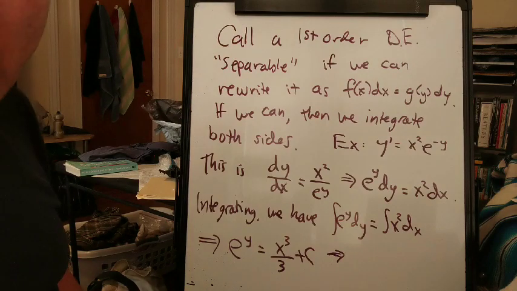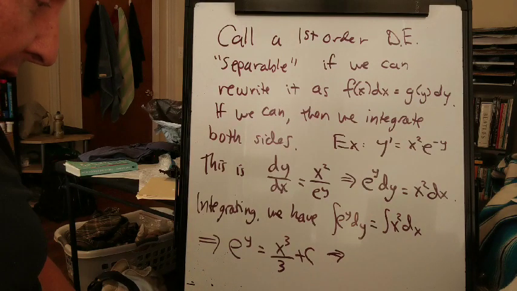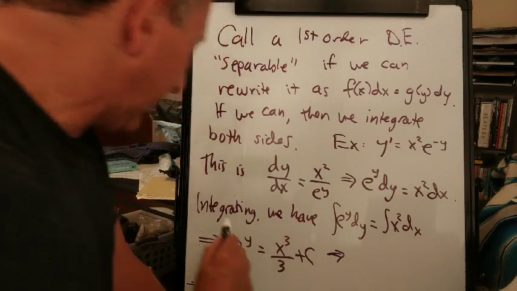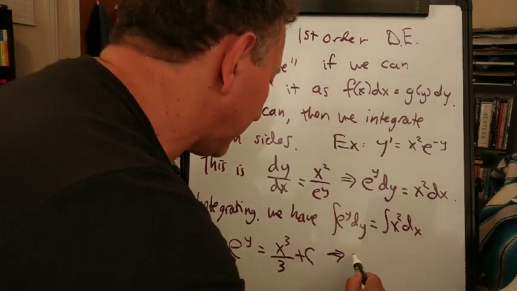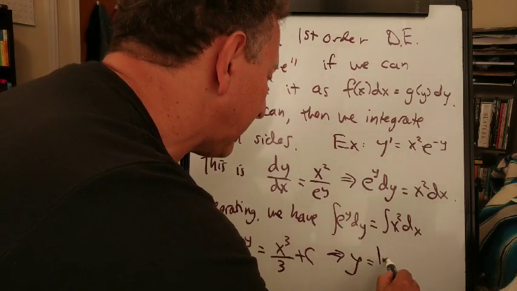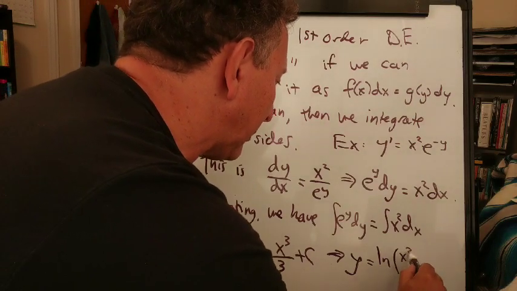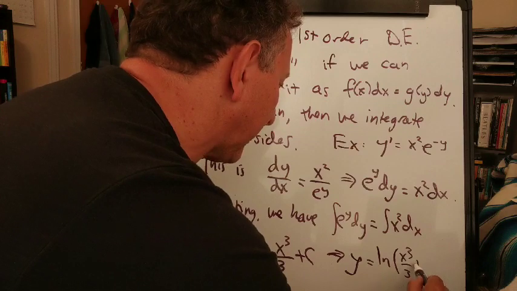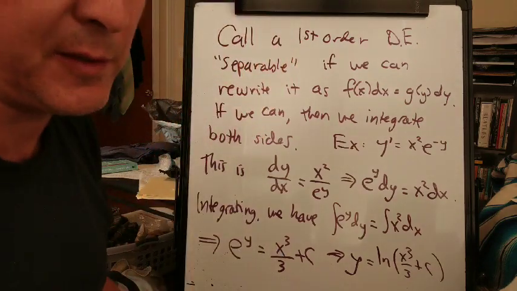Now if we want to solve for y, we can take logs of both sides to get y on the left, and then log of x cubed over 3 plus c on the right hand side.